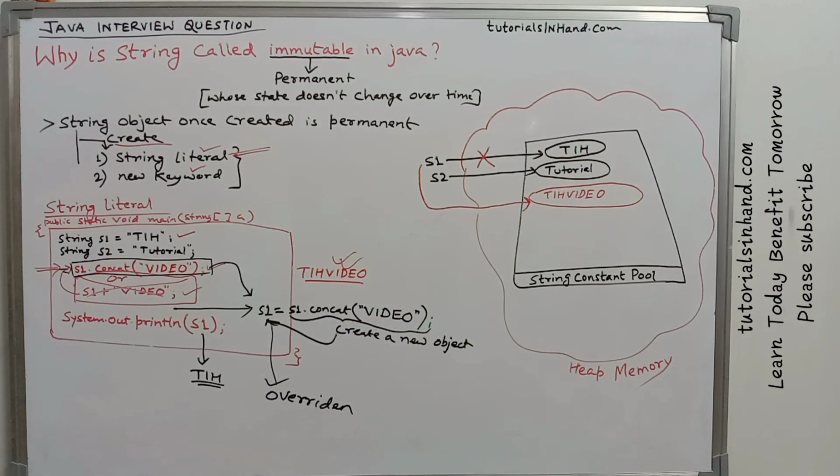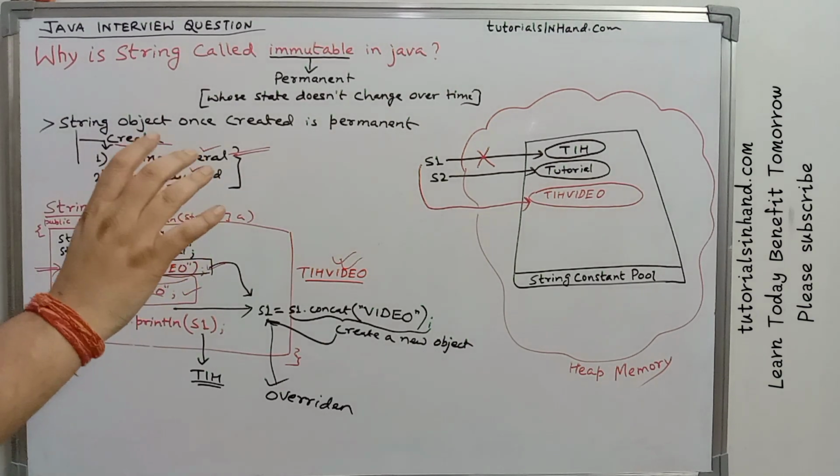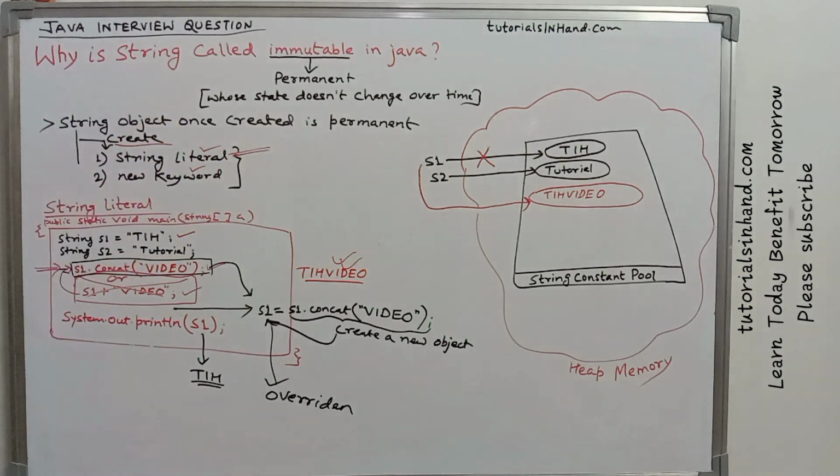The original string is never changed. See, TIH still remains as TIH, and this object will remain in the string constant pool.